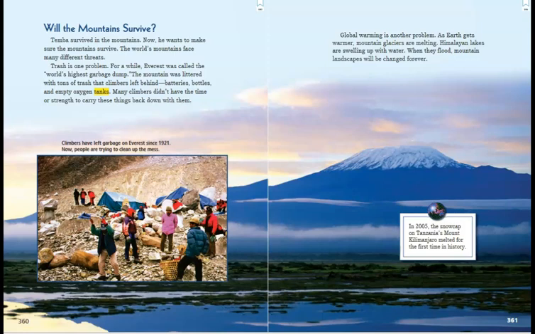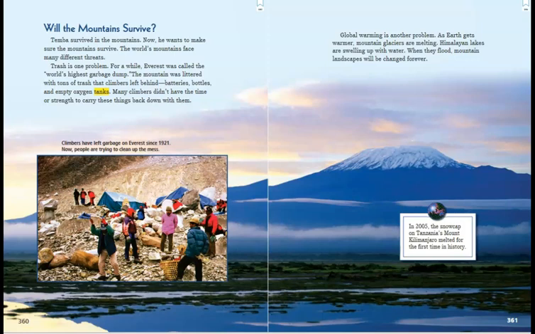It says in our photograph, we can see a picture of just some of the things left there, and it looks like people are trying to clean it up a little bit. It says climbers have left garbage on Everest since 1921. Now people are trying to clean up the mess. Well, that's good. Okay, global warming is another problem.